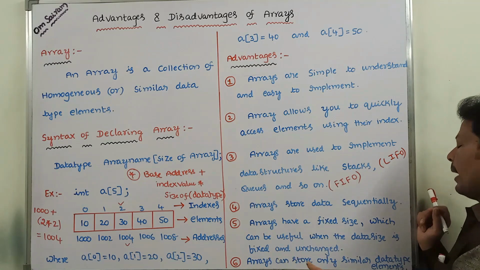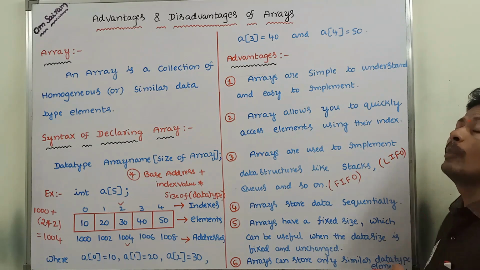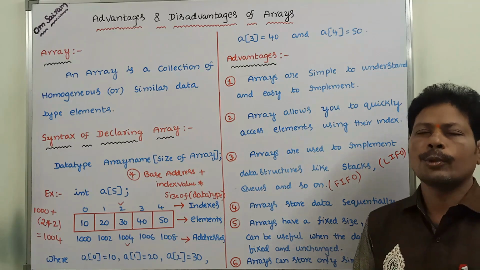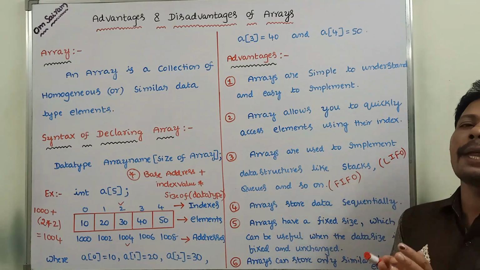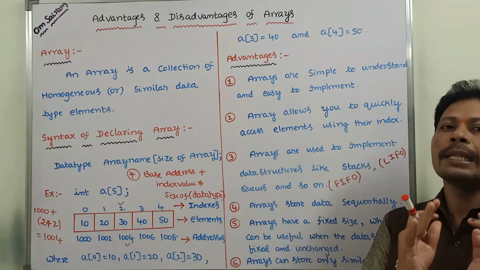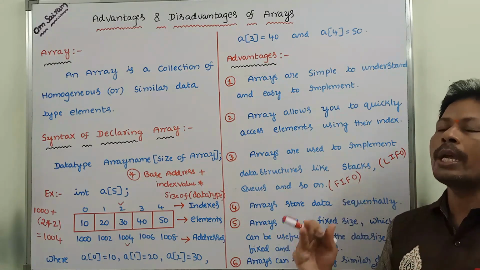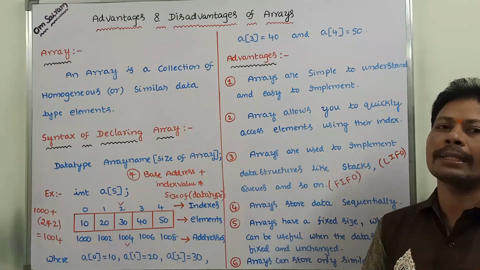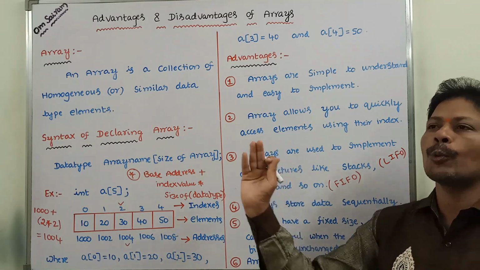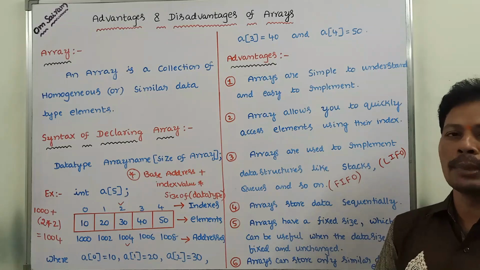Next point, arrays can store only similar data type elements. This is the most important. In an integer array, we have to store only integers. In a character array, we have to store only characters. In a floating point array, we have to store only floating point numbers.